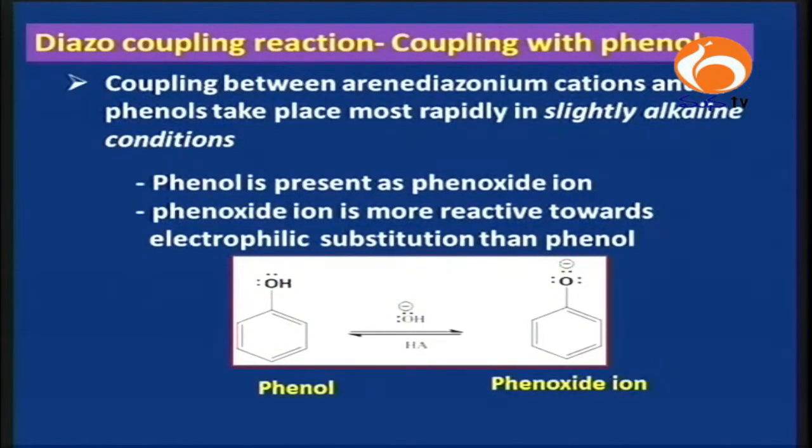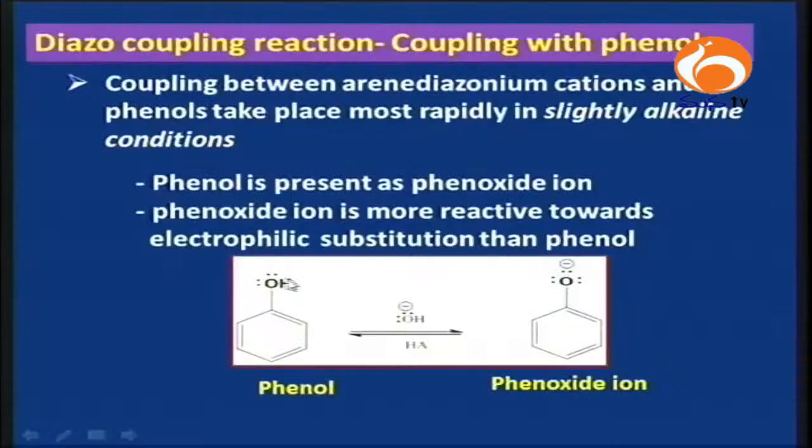below 10, then the reaction occurs at a rapid rate, because phenol in the presence of a basic medium will be in the form of phenoxide ion, and phenoxide ion is more reactive when compared to phenol, because this O minus can donate electrons to a greater extent when compared to the simple hydroxy group.